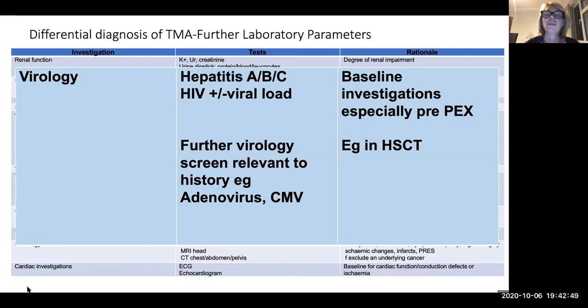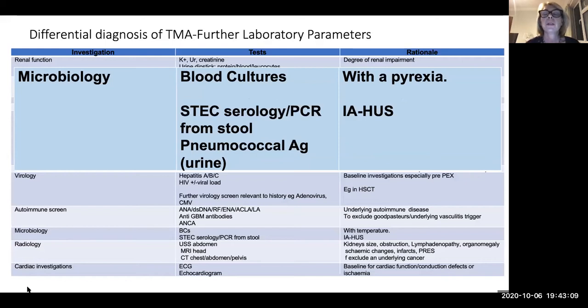In other situations, less relevant to TTP but other TMAs, such as people that have stem cell transplants, have similar initial blood parameters, we would do other types of viral screens such as adenovirus and CMV, and probably in this era COVID-19.